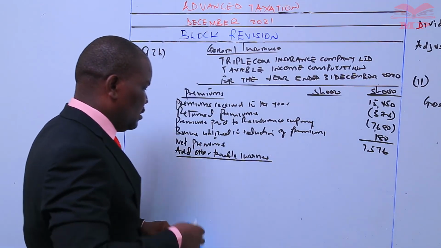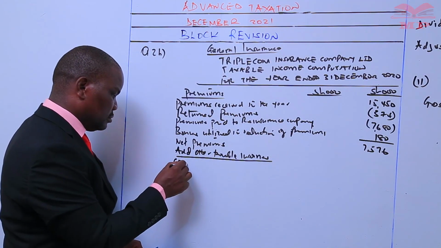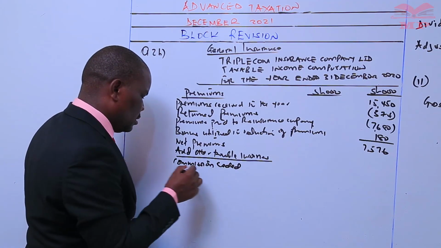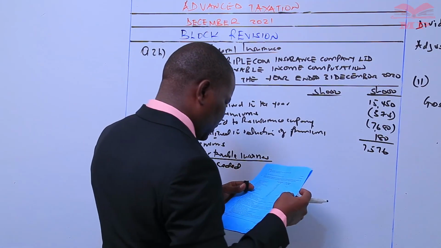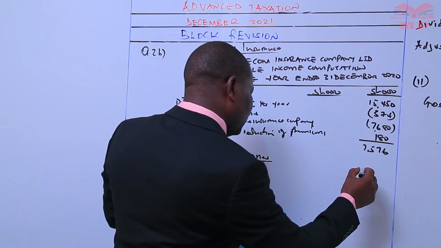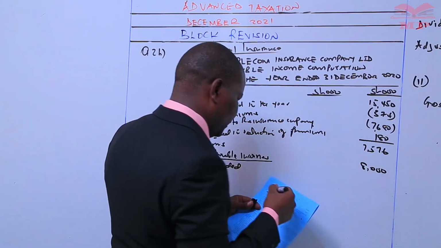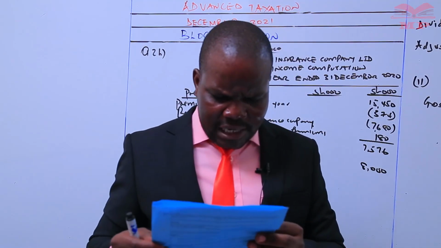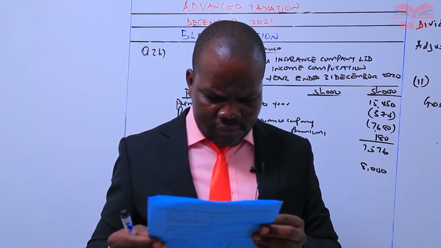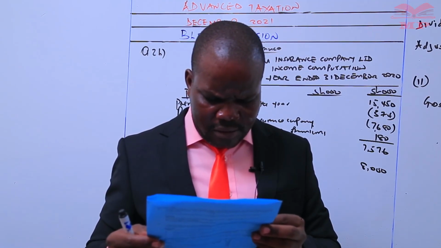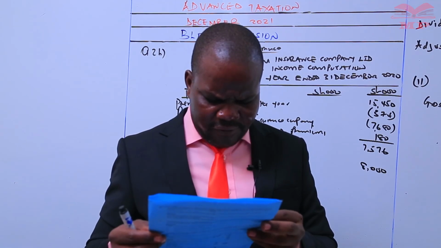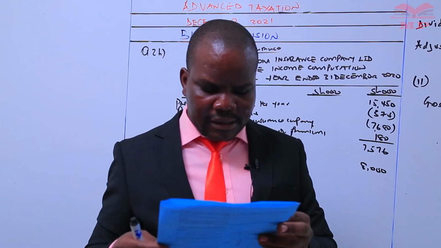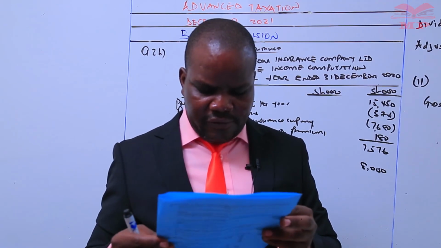So we write here commission ceded, 8 million shillings. If you move downwards, we have under Note 3 the reserve for unexpired risk for general insurance.